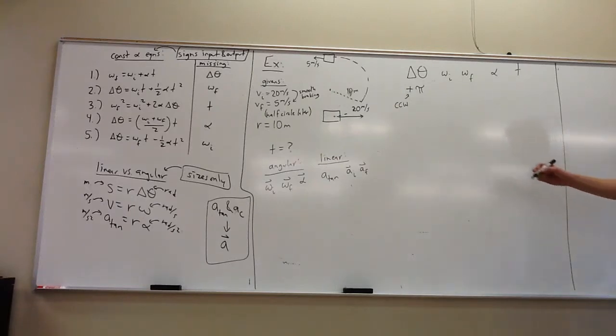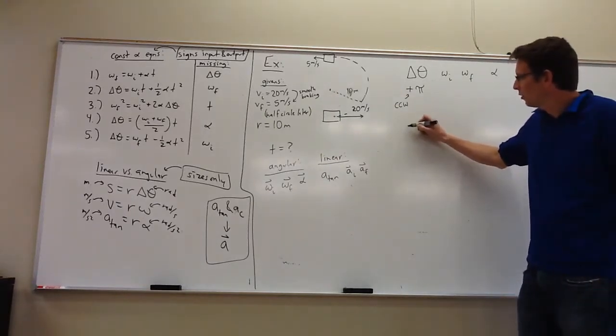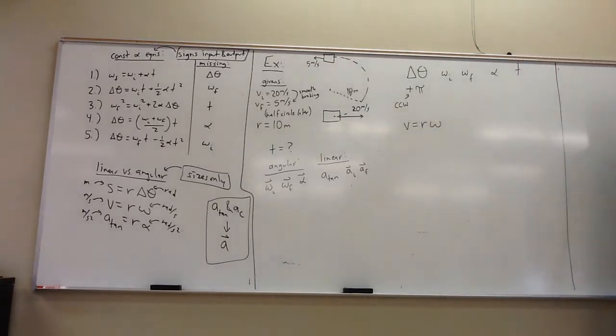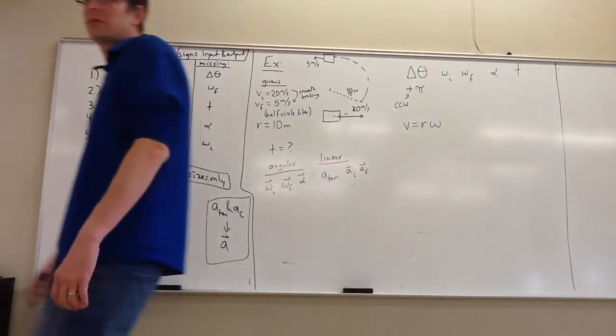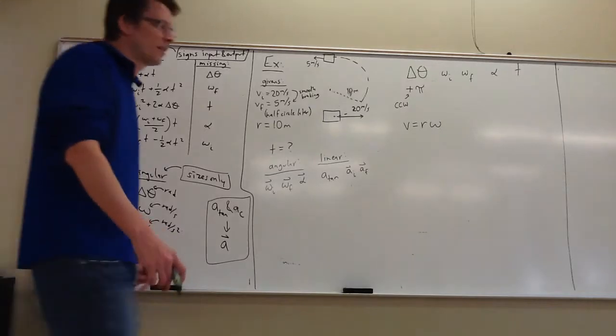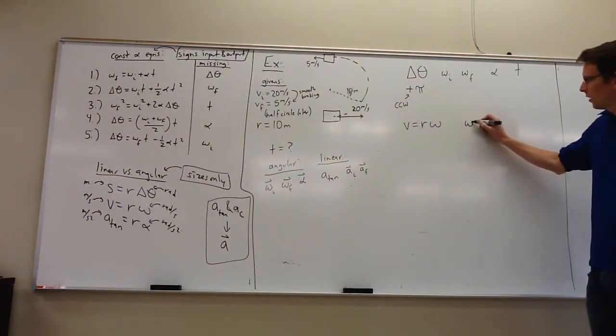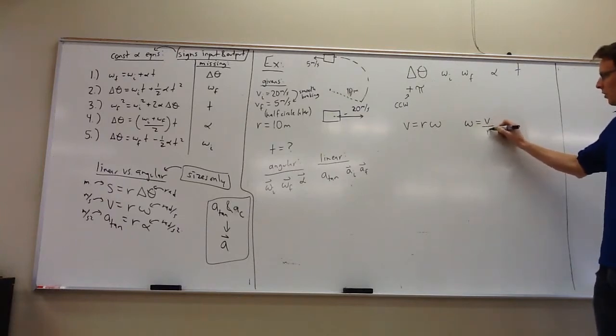So let me go ahead and do that. I know that V equals R omega. So at any particular moment in time, if I know the meters per second, I can get the radians per second or vice versa. Now in this case, I'm actually looking to go over to the angular side, so let me go ahead and solve. Looks like this.